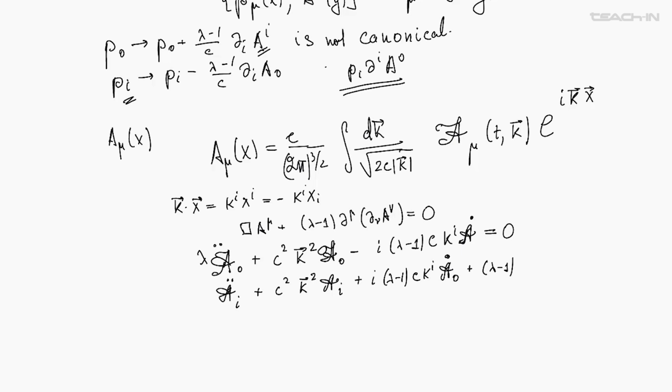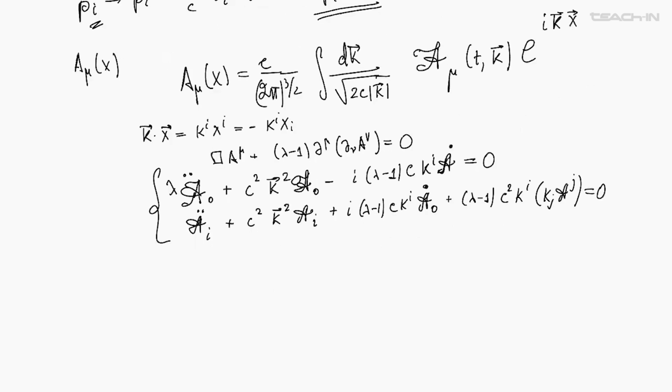So you get such a system of ordinary differential equations with respect to time on these components of the amplitudes. Okay, this is how the equations now look, and we have to solve them.